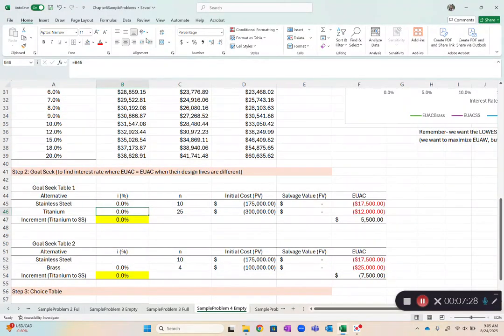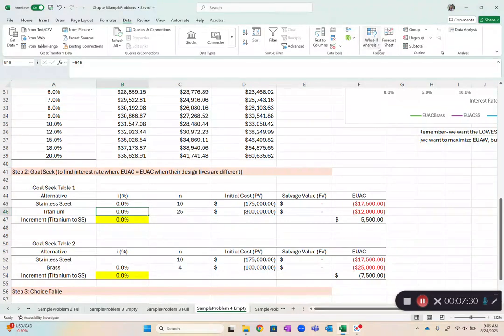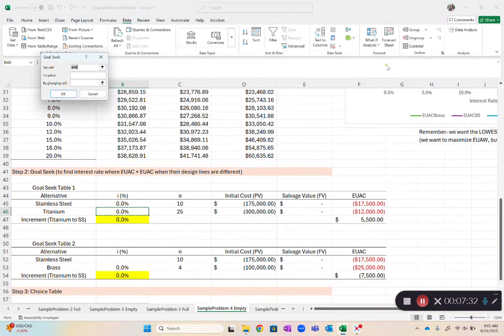So I'm going to come into my data, what if analysis, GoalSeek, and I'm going to say set this cell, which is my increment just of titanium to stainless steel. Remember, I'm setting them equal to each other. I'm going to set it equal to 0, and then I want to change my interest rate cell.